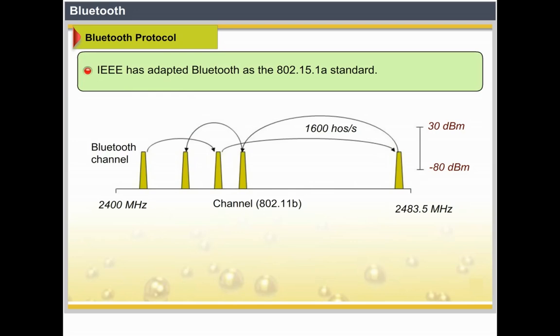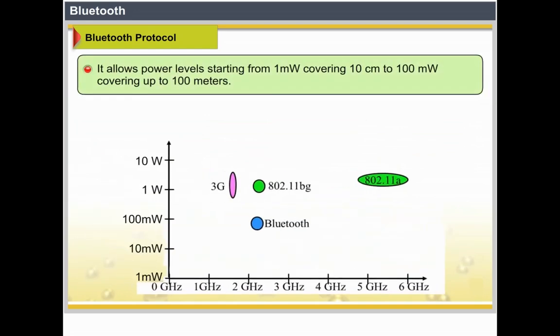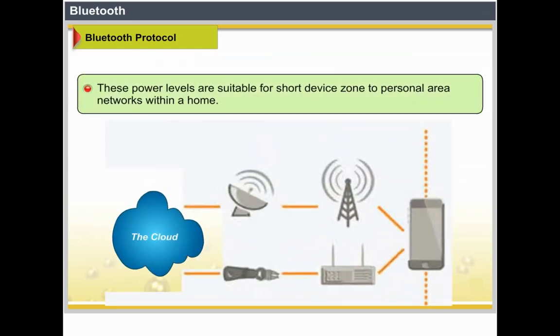IEEE has adopted Bluetooth as the 802.15.1a standard. It allows power levels starting from 1 mW covering 10 cm to 100 mW covering up to 100 meters. These power levels are suitable for short device zone to personal area networks within a home.